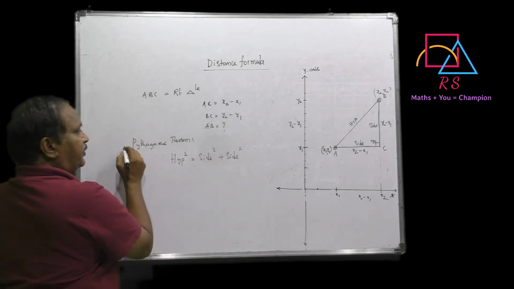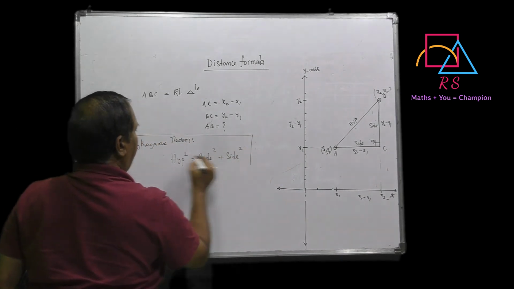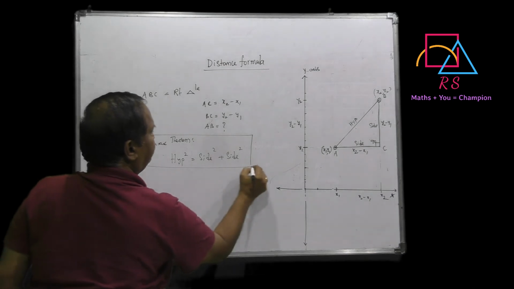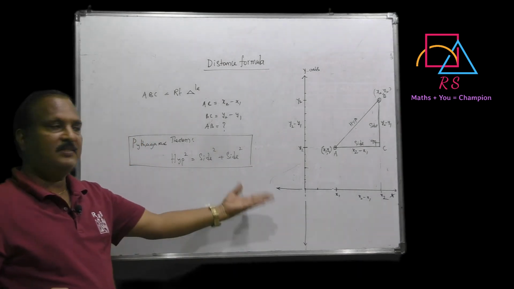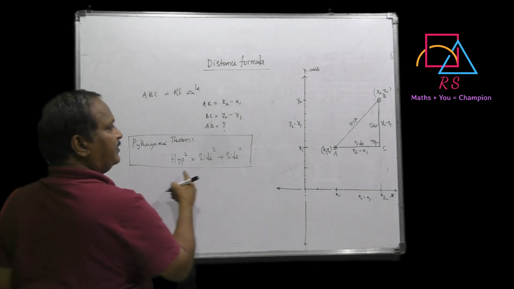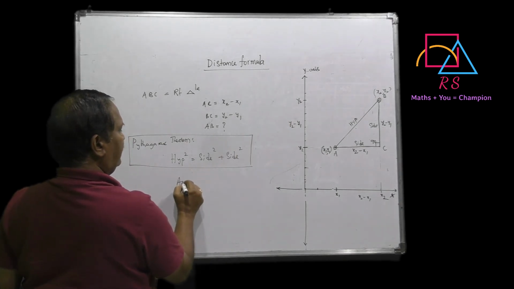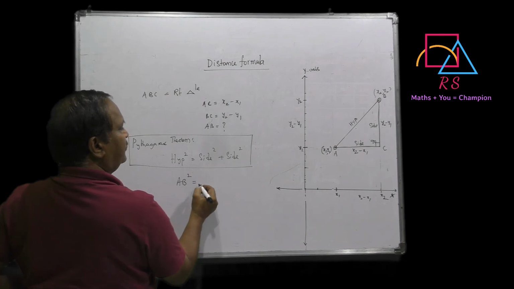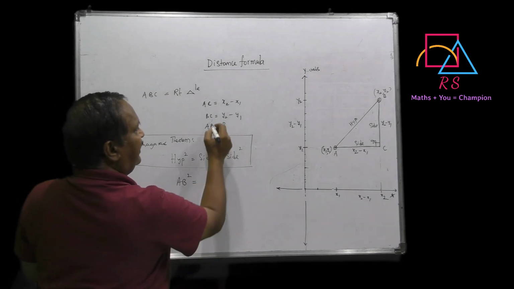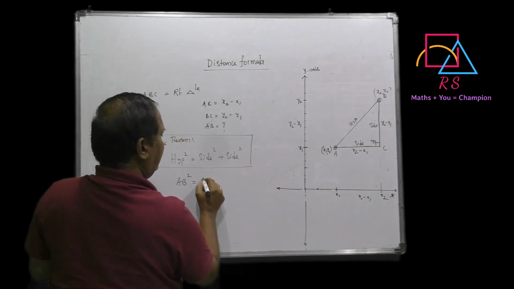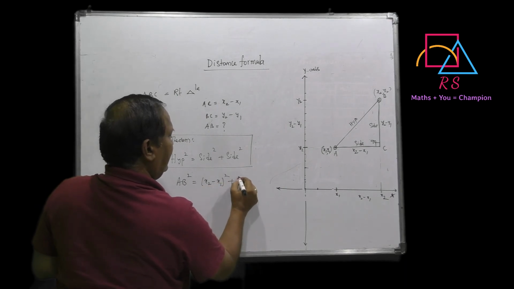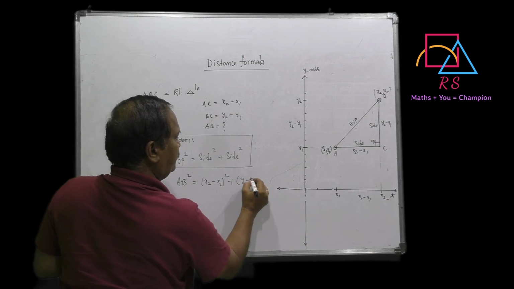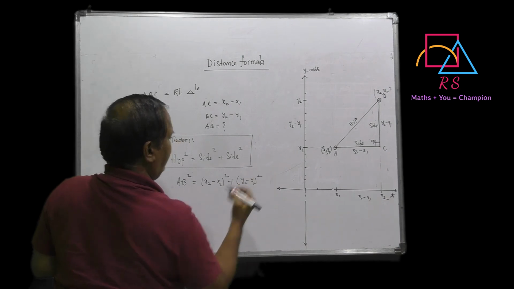So in simple terms you can remember the Pythagoras theorem here: hypotenuse square is equal to side square plus side square. Now the hypotenuse is nothing but AB square. So AB square is equal to one side, let us say horizontal, that is x2 minus x1 whole square, and the other side is y2 minus y1 whole square.